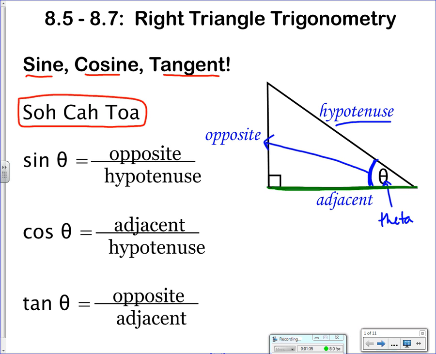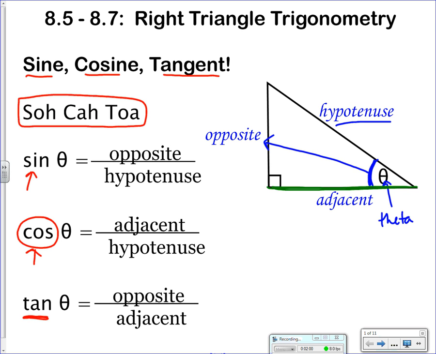But the sine, that's not pronounced sin. I don't want to hear you saying sin. It's sine of theta. The sine of theta is the ratio of the opposite side over the hypotenuse. The cosine, not cos, cosine is the adjacent over the hypotenuse, and the tangent is the opposite over the adjacent.